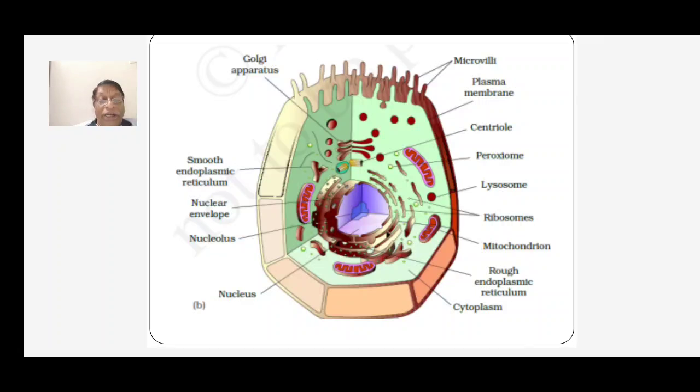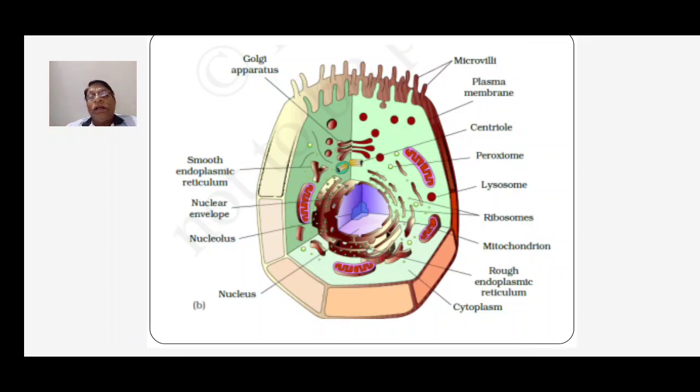One side plant cell and another side animal cell. The cell wall is present in the plant cell, absent in the animal cell. First difference.